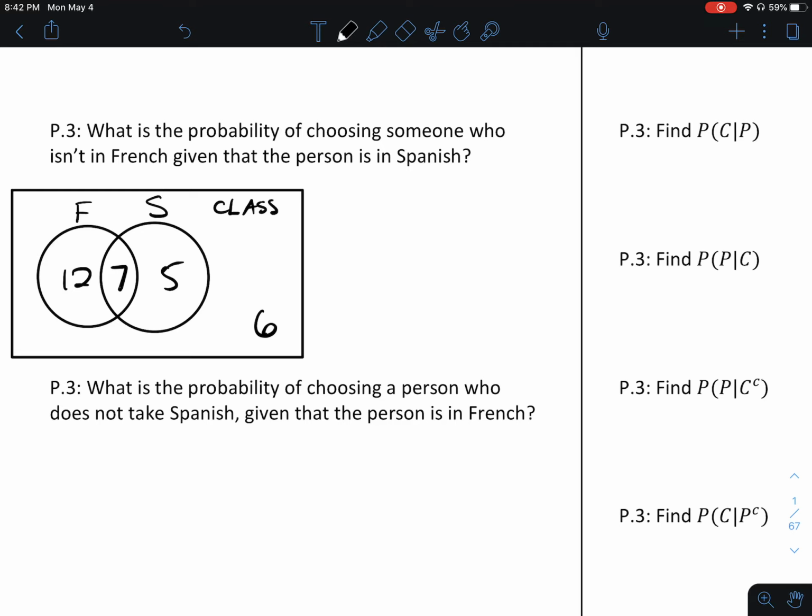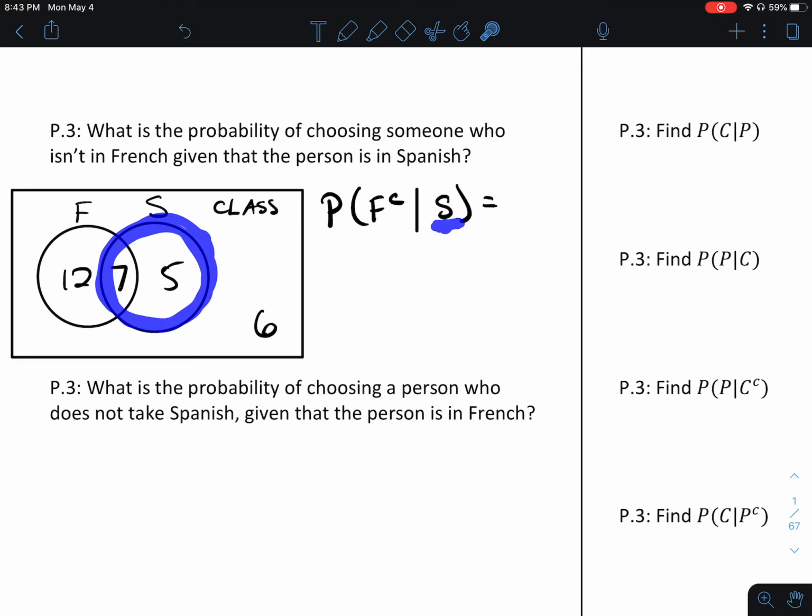What's the probability of choosing someone who isn't in French? So the probability of the complement of French, given that the person is in Spanish. In this scenario, we want to choose someone who is in Spanish, but they're not in French.